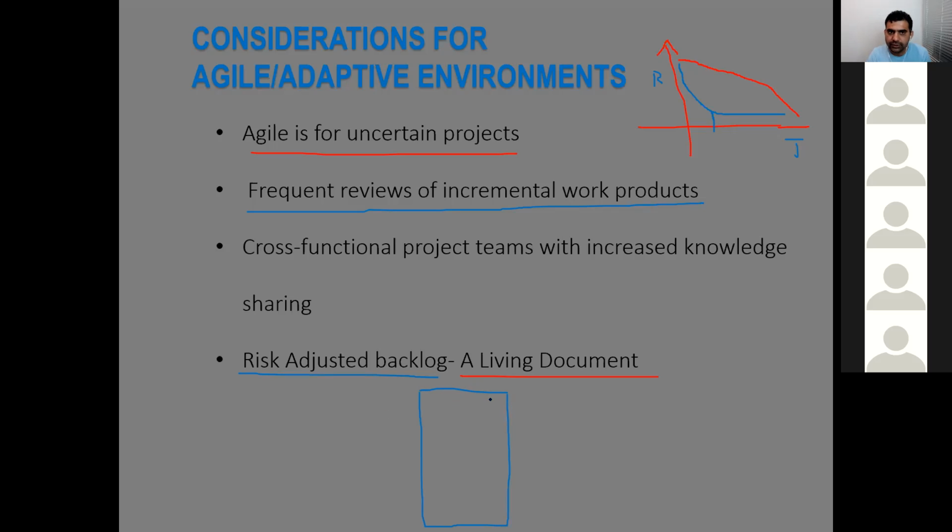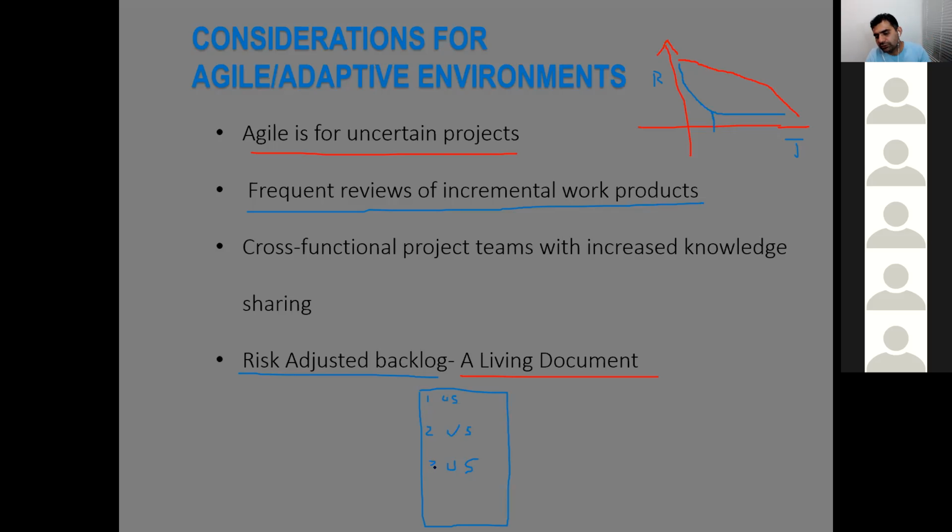Previously, we talked about the backlog. It's a responsibility of the product owner or manager. All the user stories and features are given here. For example, this is one user story, this is another user story, and another, and they are ranked. They are prioritized here in this backlog.